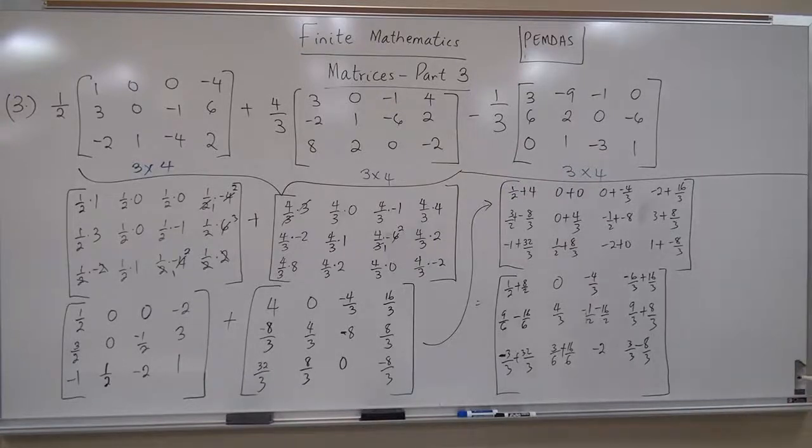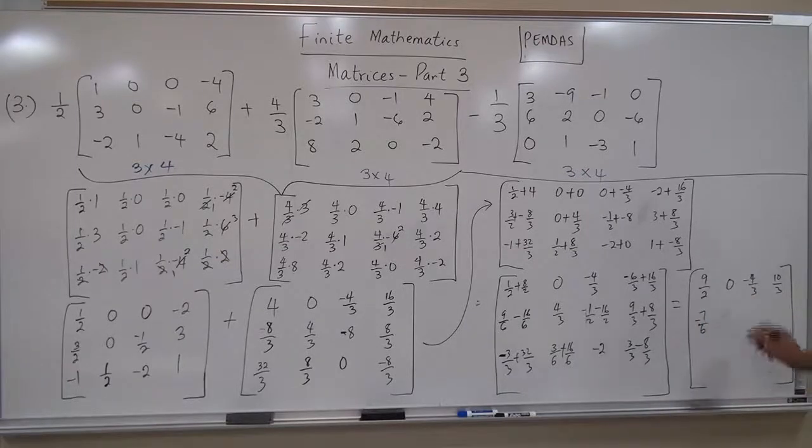All right. So let's finish this. This is our first part anyway. This gives us 9 over 2. This is 0. This is negative 4 over 3. And this is 10 over 3. This is a 9 minus 16, which is minus 7 over 6. Minus 7 over 6.